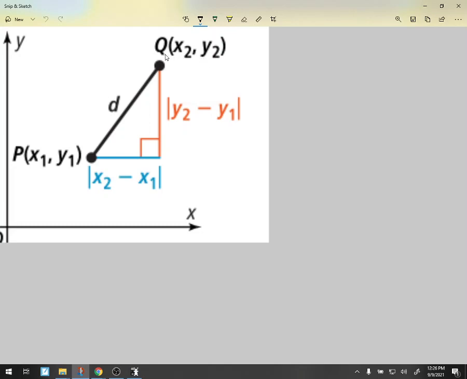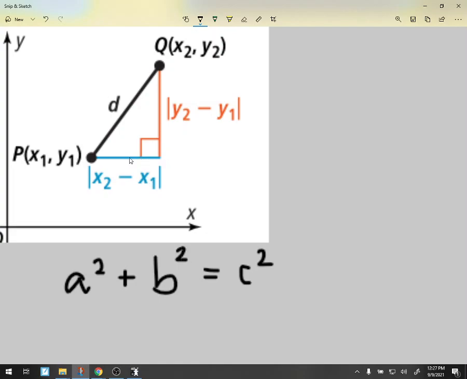So if I'm trying to find out how far apart they are, that's this side here. Look at that, it's a right triangle. Remember how in a right triangle you can say a squared plus b squared equals c squared? They call this the Pythagorean Theorem, or Pythagoras' theorem. So a squared, we could call this a if we want.